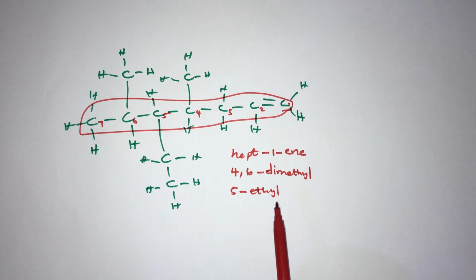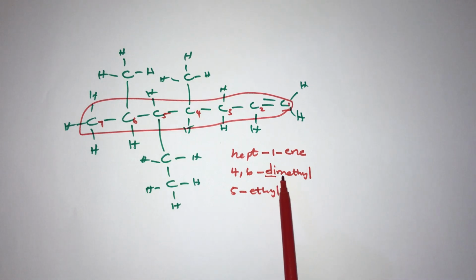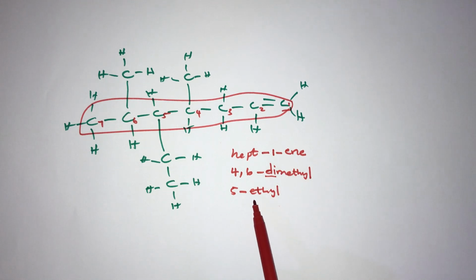So since we must write the name alphabetically, this di is not a part of the name. Di is just a number. So you must check M. We don't check di, you must check M. So between E and M, E comes first.